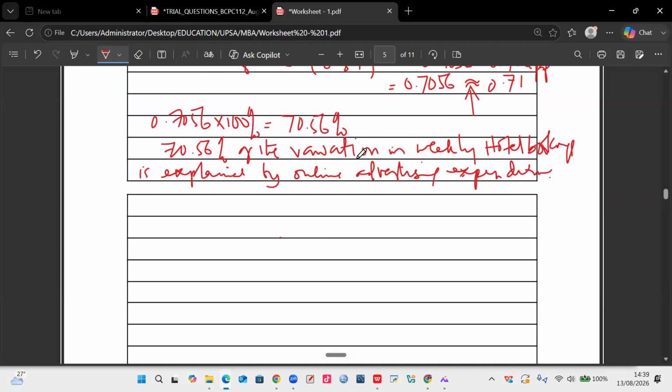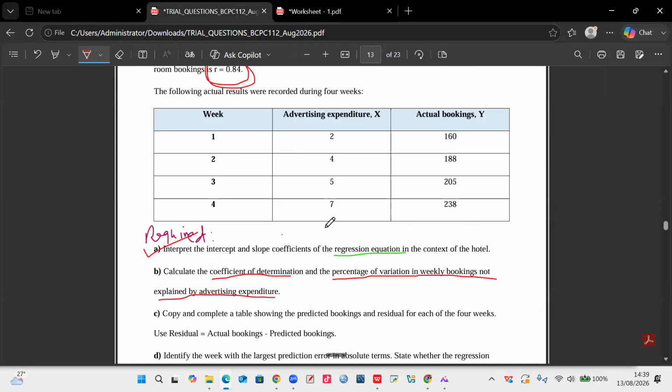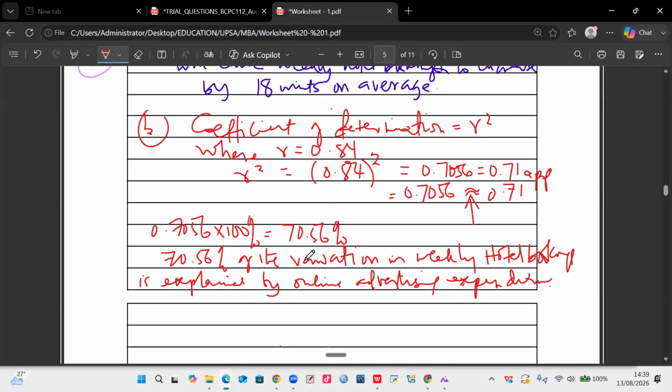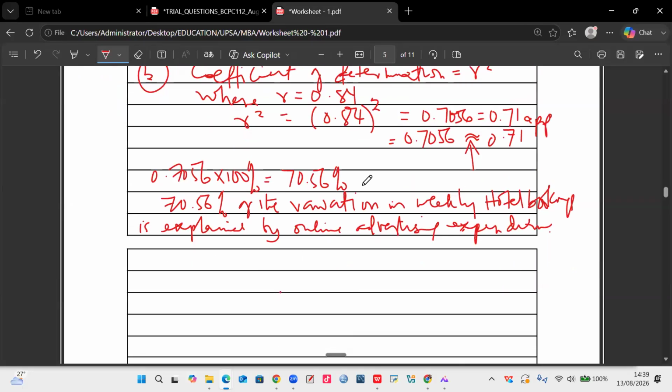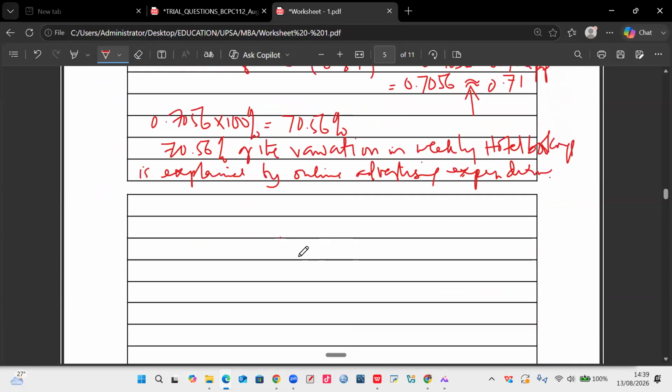Are you getting it? The percentage of variation in weekly bookings is called the coefficient of non-determination. What other factors cause changes in Y apart from X, which is the advertising expenditure?